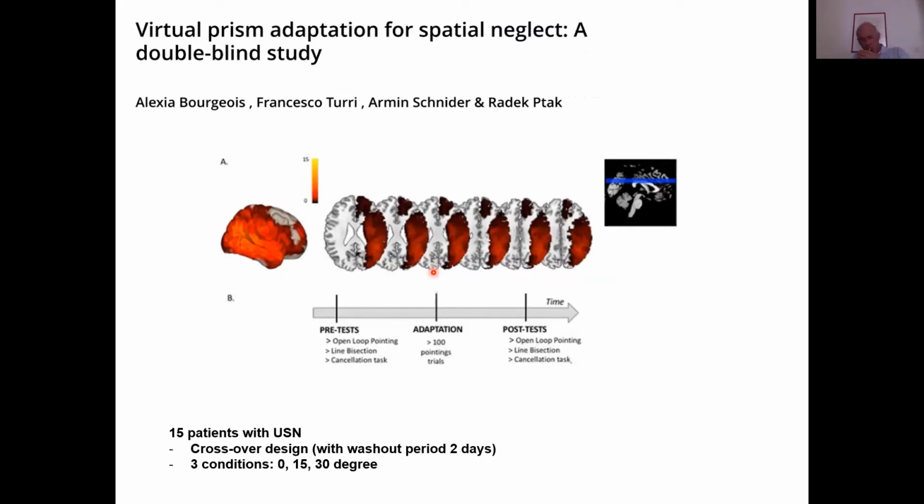And then they used 3 conditions, and the design was not a parallel design, but a crossover design with a washout period of more than 2 days. So I think it's a phase 2A clinical trial to prove the preliminary efficacy of virtual prism adaptation therapy, which was a new intervention.